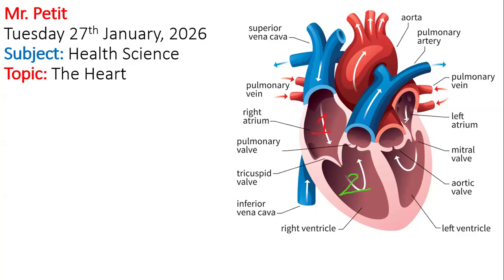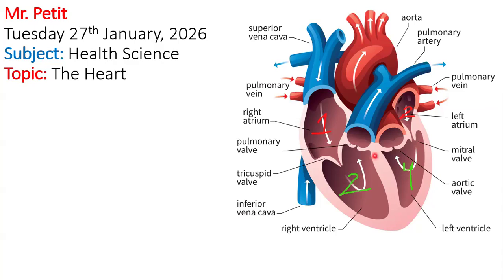Then you have the next chamber, and then the other chamber. So the heart really has 4 chambers. The first chamber is the right atrium, the upper chamber. It also has the left atrium, again an upper chamber, right?